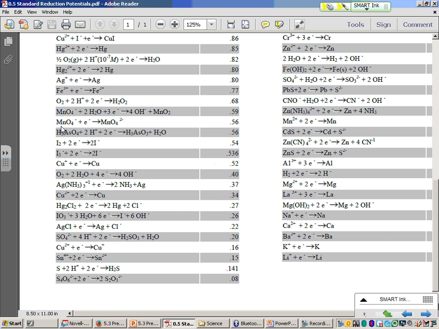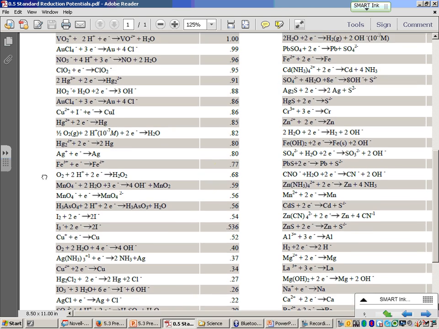Let's see if there's any others. Here I've got an MnO4 with just an electron. That could count. That would be good. It could be either of those two. Now I'm not going to write it down yet, because notice the one above it has the higher potential. And so it's going to happen more preferably than this one, because it has a greater potential. So we're not going to count this bottom one.